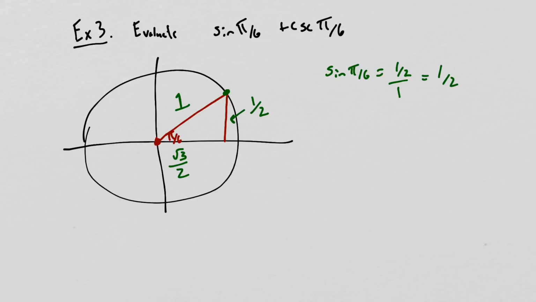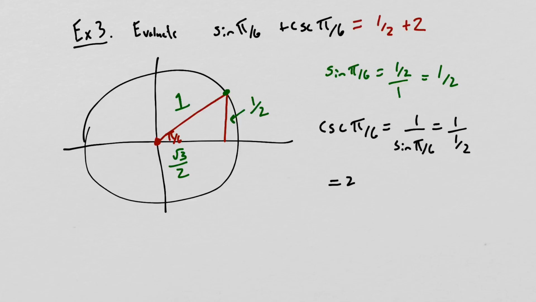Then cosecant of pi divided by 6 is equal to 1 divided by sine of pi divided by 6, which is equal to 1 divided by 1/2, which is 2. And what we get is that this is going to be equal to 1/2 plus 2, which is 2.5.